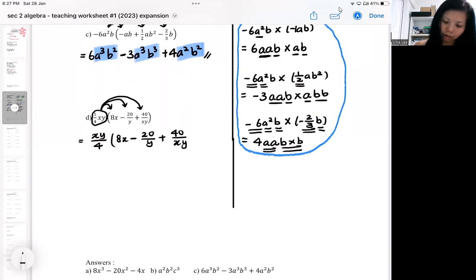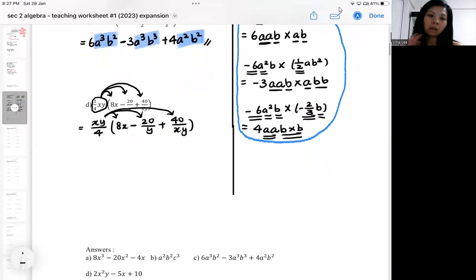So I'm going to write it in this way before I start to expand out. So those who are weaker in algebra, they will have a lot of mind blocks when you got fraction. So if you got fraction, you think about primary school fraction.